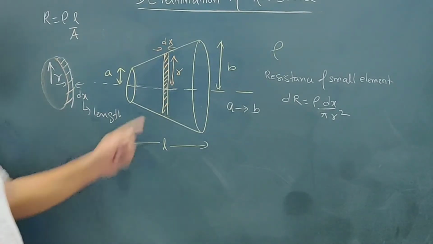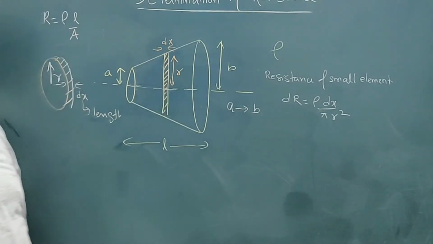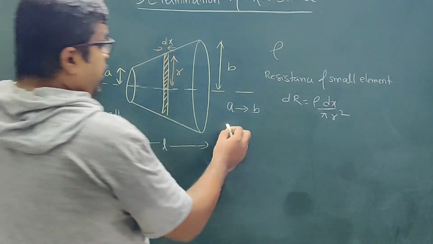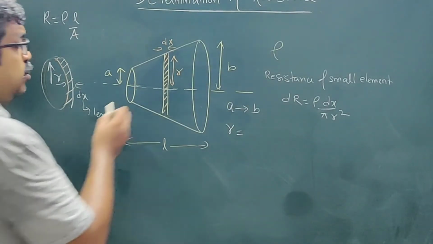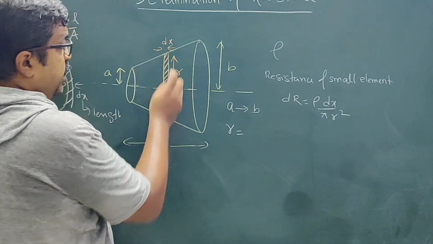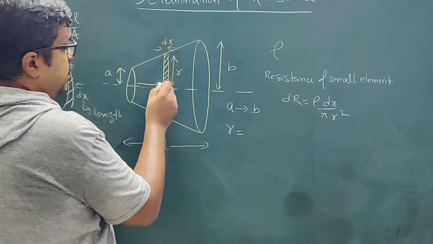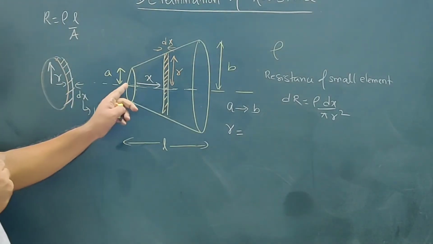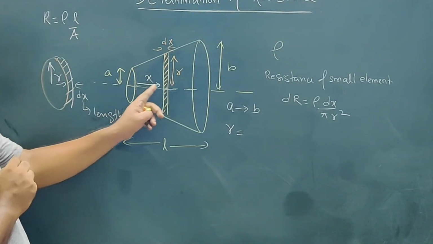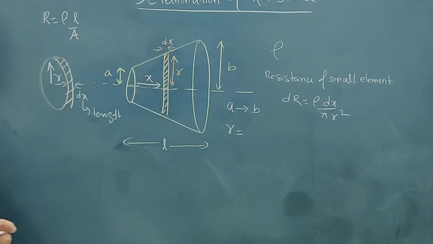How is this r related to A and B? Suppose this disc is at a distance x from this end, from this cross-section to this point.